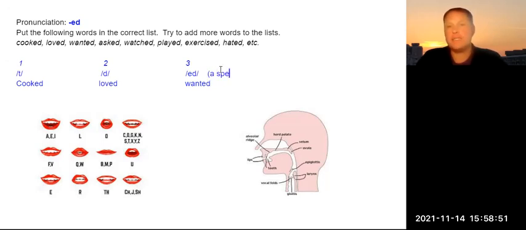This is a separate syllable. A syllable is a part of a word, a separate sound part. So syllable, separate. 3, 15, hated, exercise.